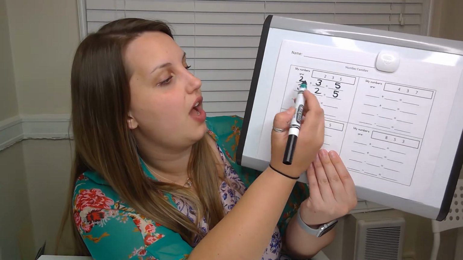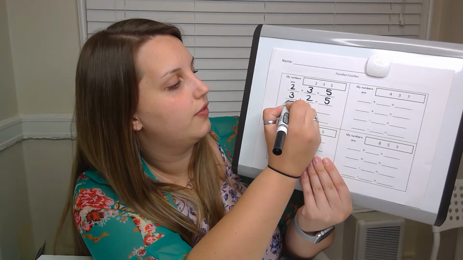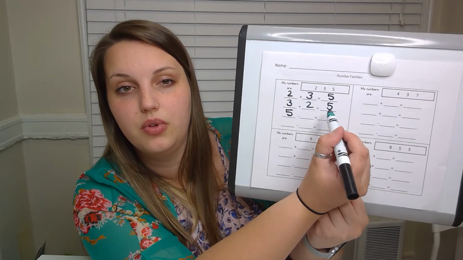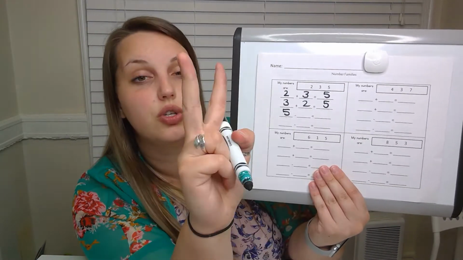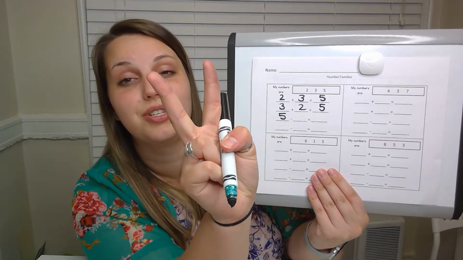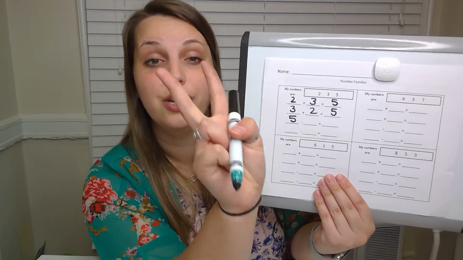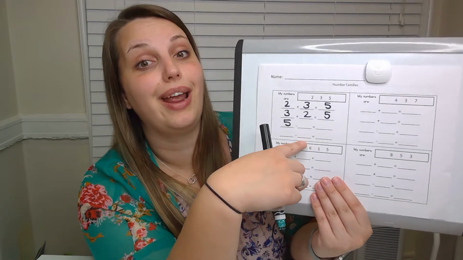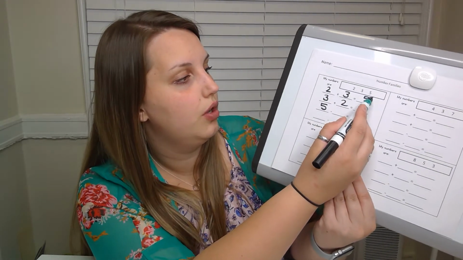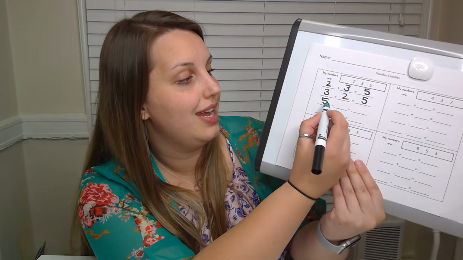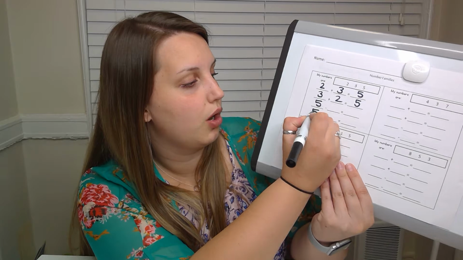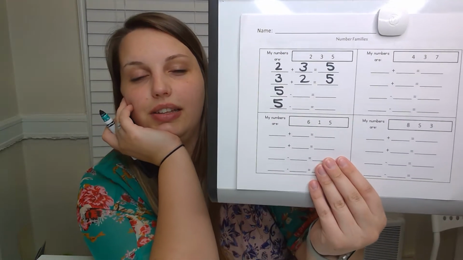So starting with 5, and we do the same thing over here. We have 2 addition number sentences that we're figuring out, and 2 subtraction number sentences that we're writing out. So our 5 as our sum has now become the first number, or our minuend, in our 2 subtraction problems.